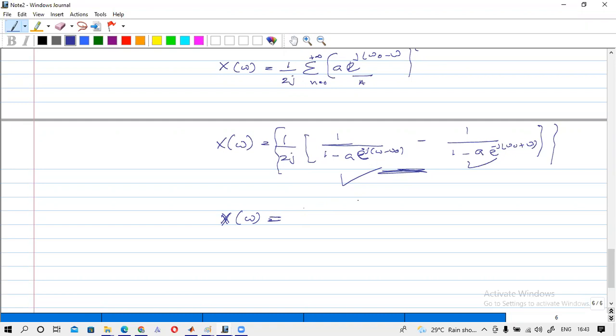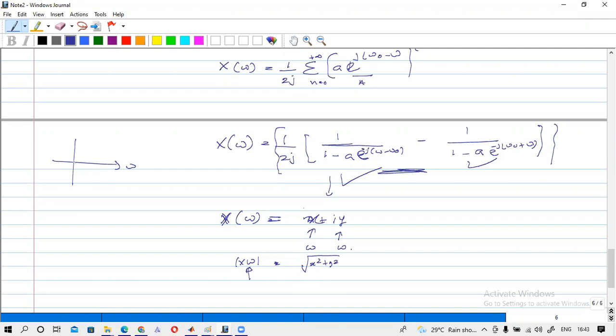So first you have to convert this into the complex form, x plus iy form. So this x will have some omega value, and this y also will have some omega value. To find the magnitude, you have to get the square root of x squared plus y squared. So this will be X(omega), and you have to put some values for this omega.